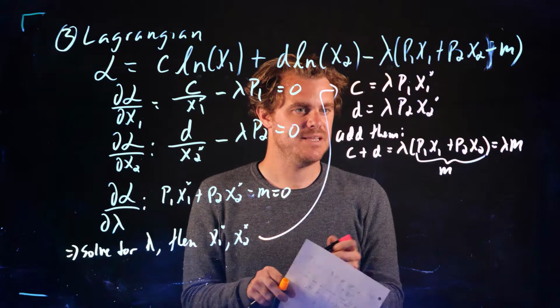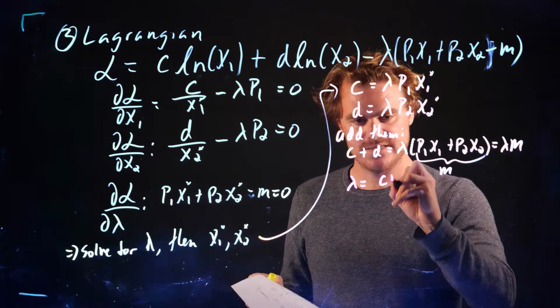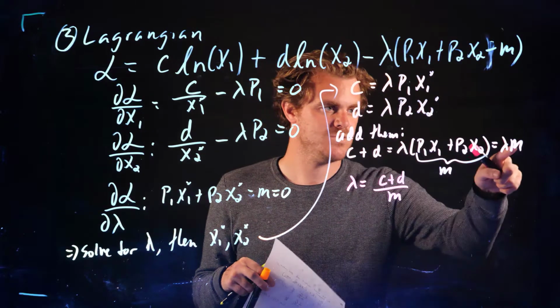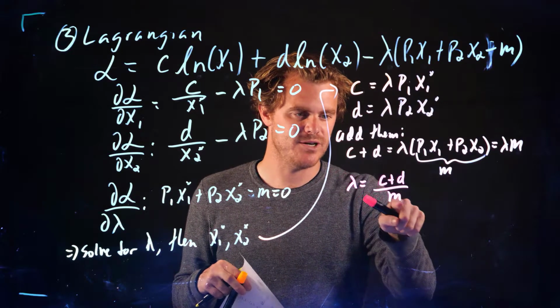Which means lambda equals c plus d over m. This is lambda times m. We're just going to move this m over, and we get c plus d over m equals lambda.